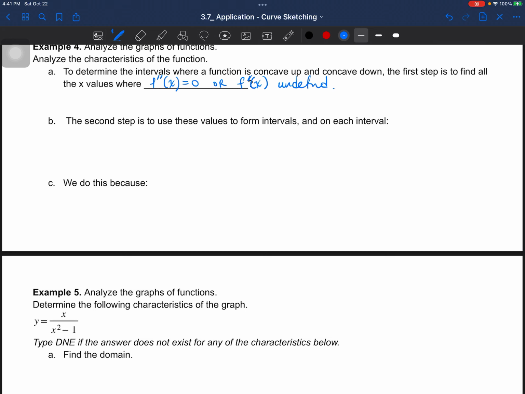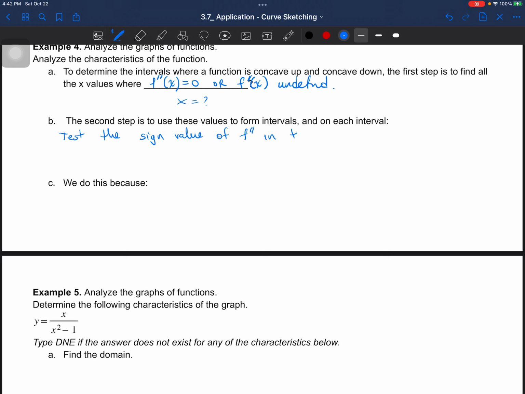The second step is to use these values to form intervals. Once we use these numbers that we found for x, we're going to use those numbers to subdivide the number line, and then test the numbers around these points.